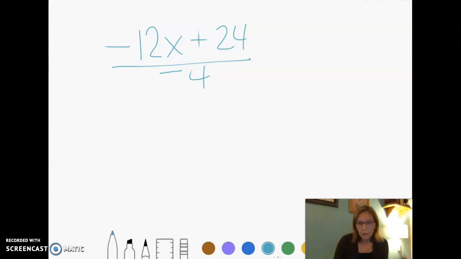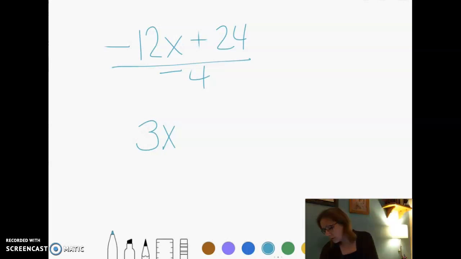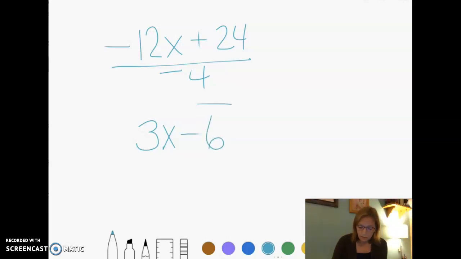So negative 12x divided by negative 4 turns positive 3x, and then positive 24 divided by a negative 4, hold on a second, ends up becoming a negative 6. And you'll stop right there. Keep your variable with itself and a number with itself. You can't combine those two any farther.